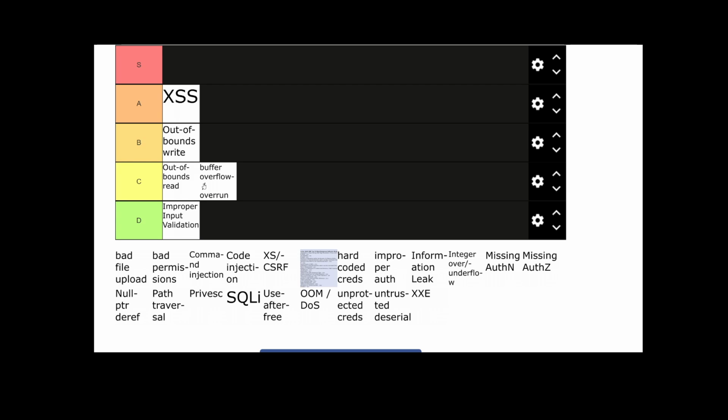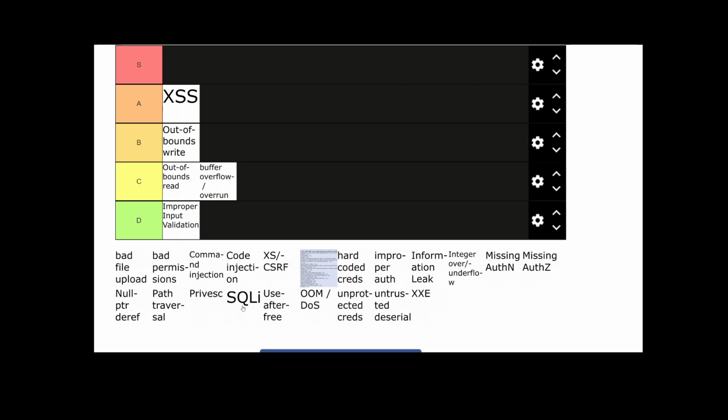Next is improper neutralization of special elements used in a SQL command, SQL injection, which is CWE 89. I think SQLi is a problem that has been solved 100 times over, and I just wish that languages would have the goal to actually deprecate their APIs properly that do raw SQL string manipulation.